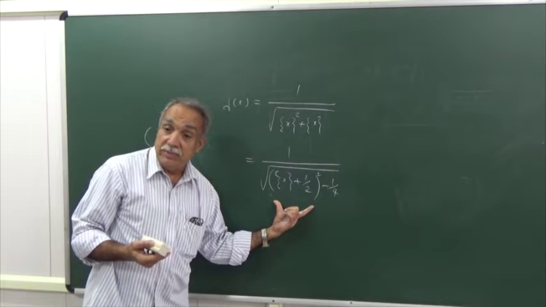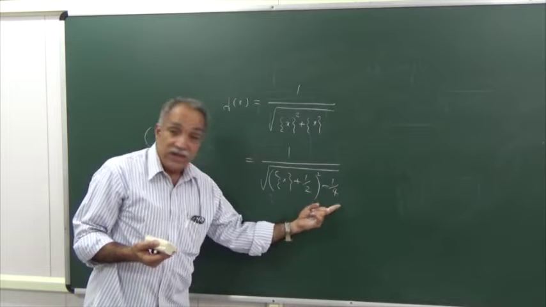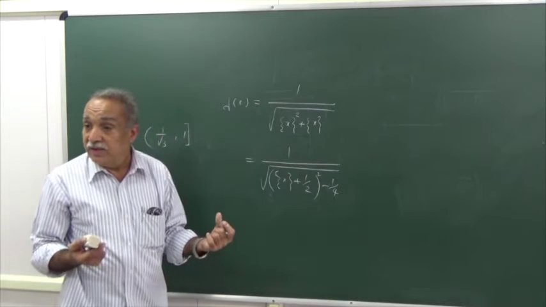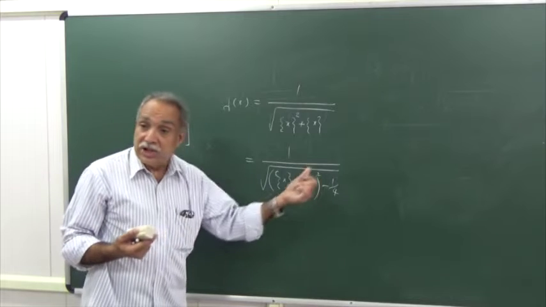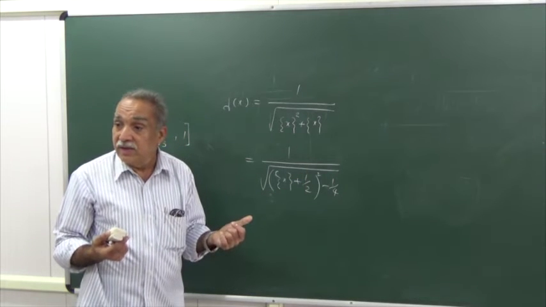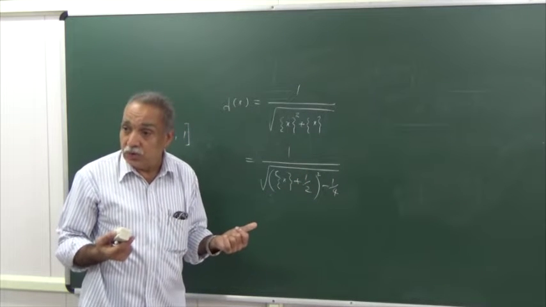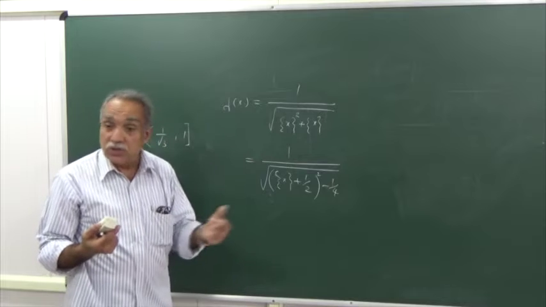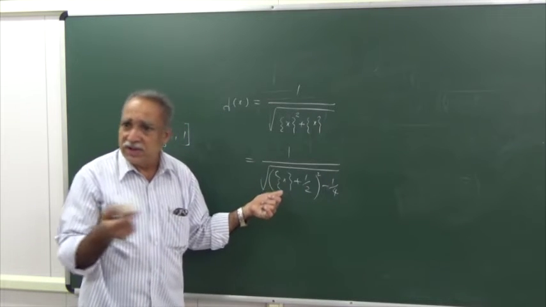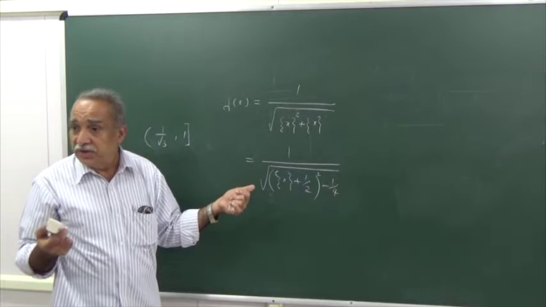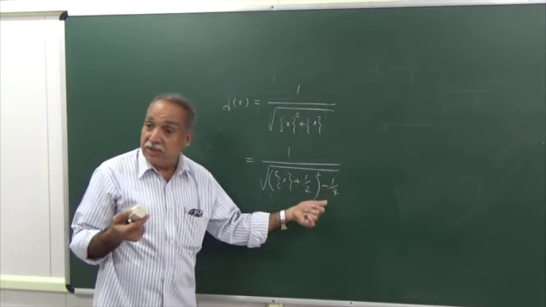Square lies between 1 by 4 and 9 by 4. Minus 1 by 4 lies between 0 and 2. The square root lies between 0 and root 2. There are points where denominator vanishes. I am just making the statement. I have not checked it. Does the denominator ever become 0?